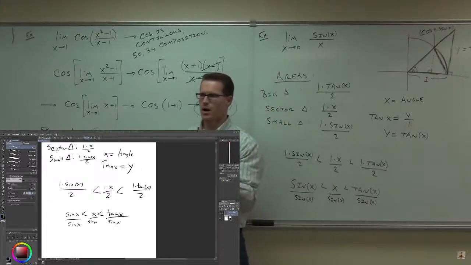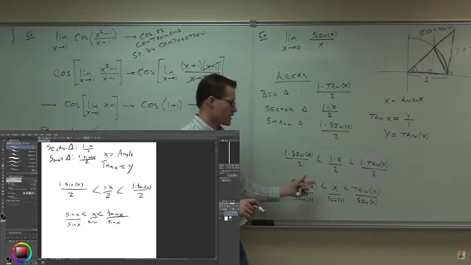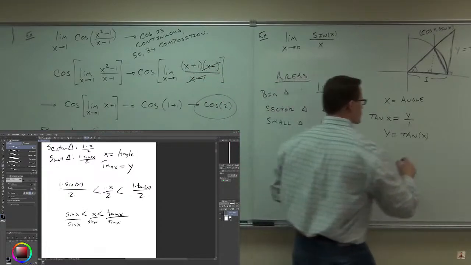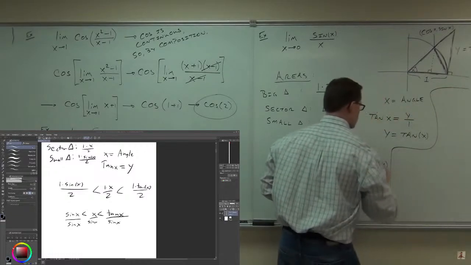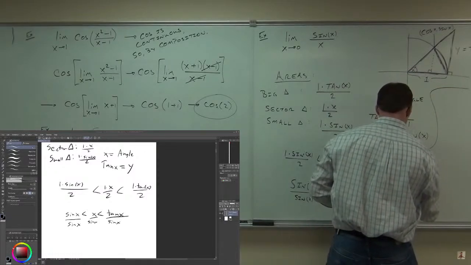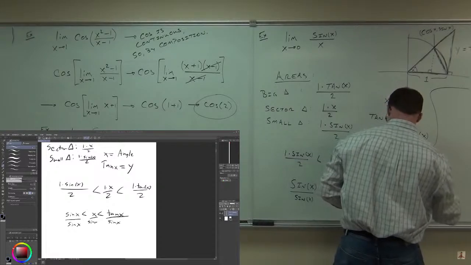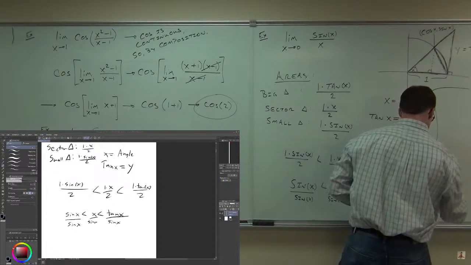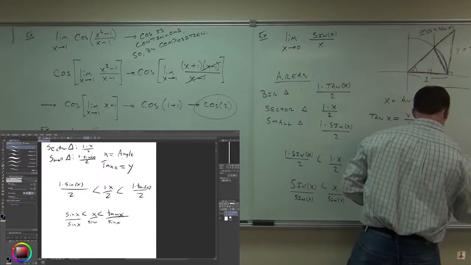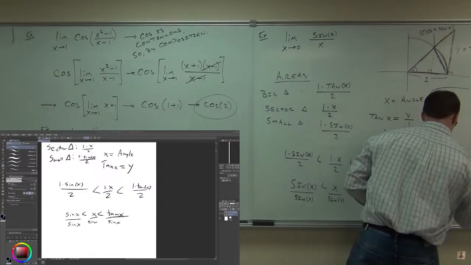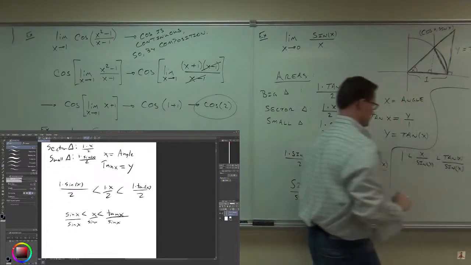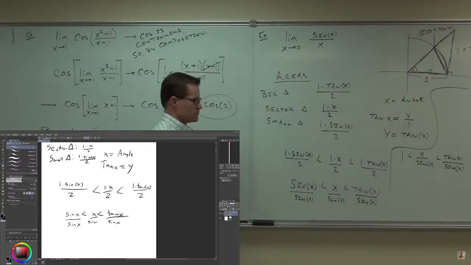We're talking about a positive angle right here, which means we're not going to change around these inequalities. You still okay with that so far? We divided everything by sine x.